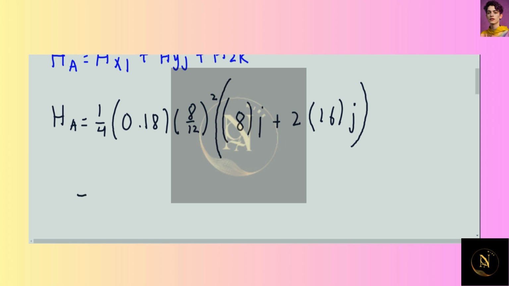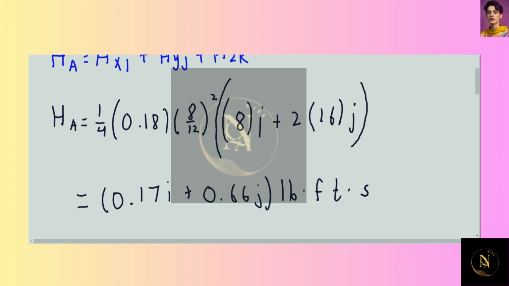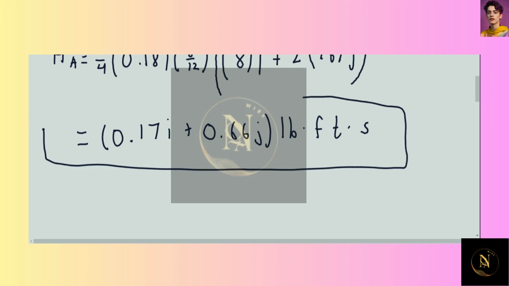Then simplifying this down to their own components, we get the i component, which is equal to 0.17, and the j component, which is equal to 0.66. And this is our final angular momentum.